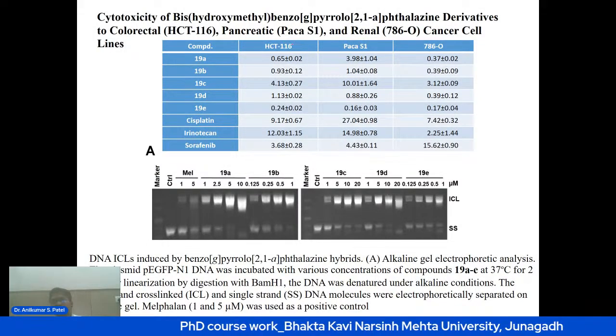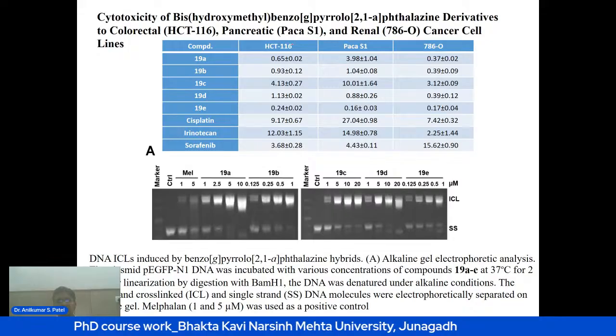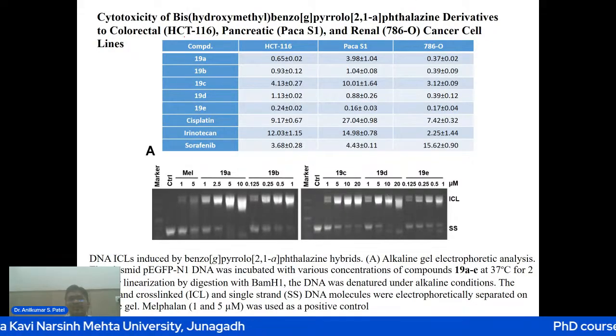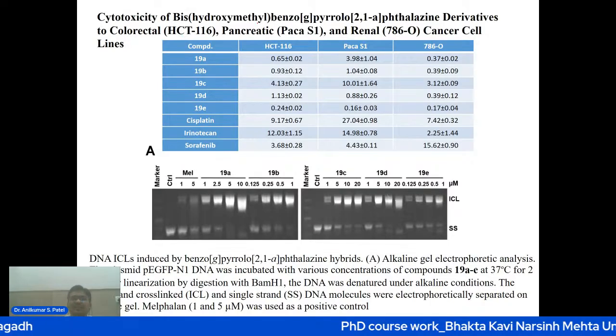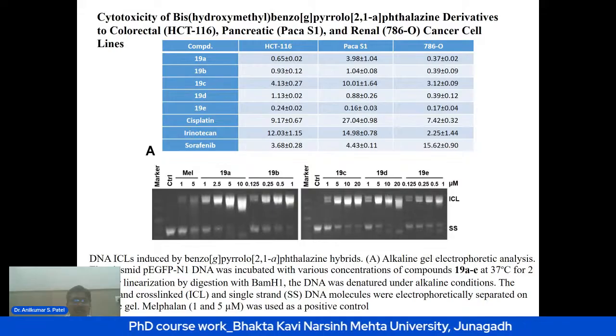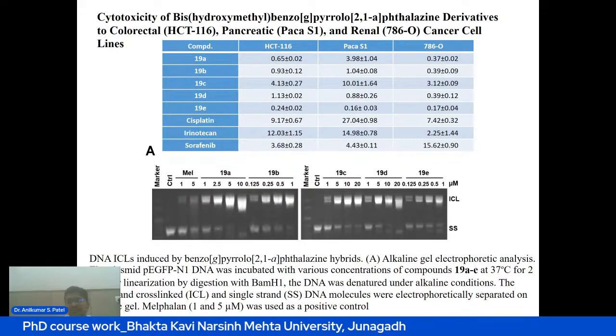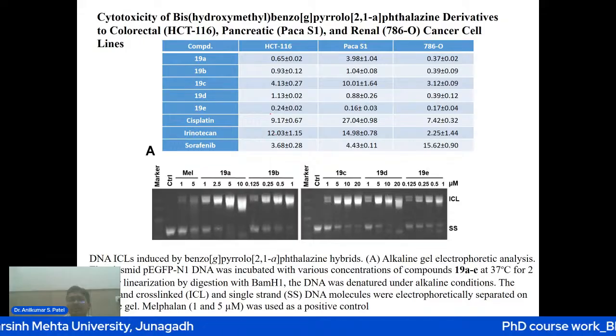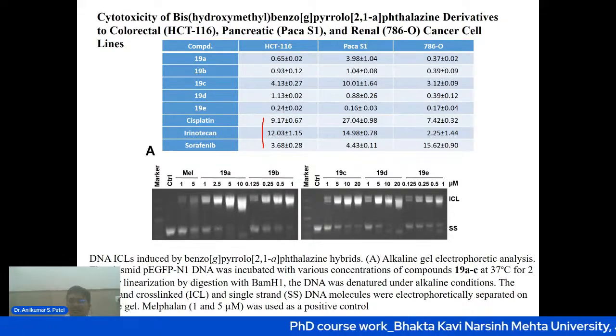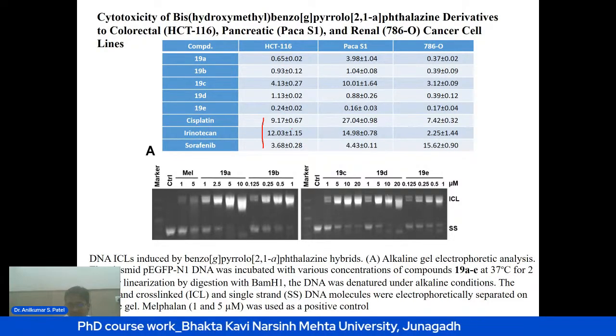We checked all these compounds for cytotoxicity against the colorectal cancer cell line HCT116, the pancreatic cancer cell line PACA-S1, as well as the renal cancer cell line 7860. We have taken three standards: cisplatin, irinotecan, and sorafenib.